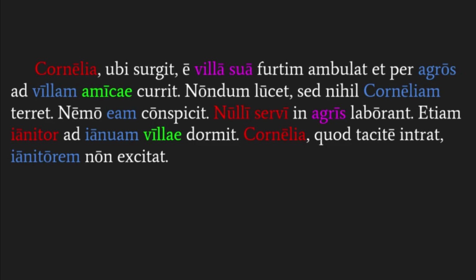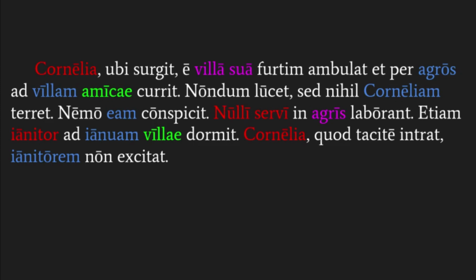Then it continues. You have nondum lucet, sed nihil Corneliam terret. So nondum lucet, it's not yet light, but nothing frightens Cornelia, right? You'll notice Corneliam is the direct object. It's accusative. So I'm not saying Cornelia is doing anything, right? Terret means he, she, or it frightens. Nihil is the subject here, and nihil doesn't belong to any declension.